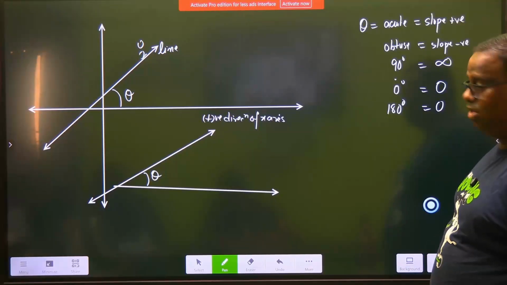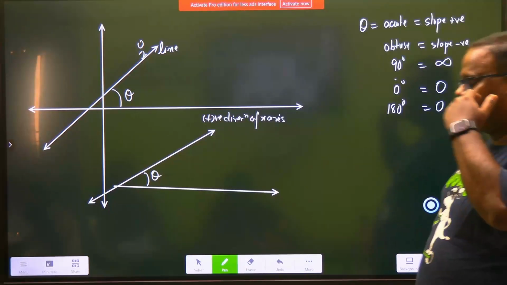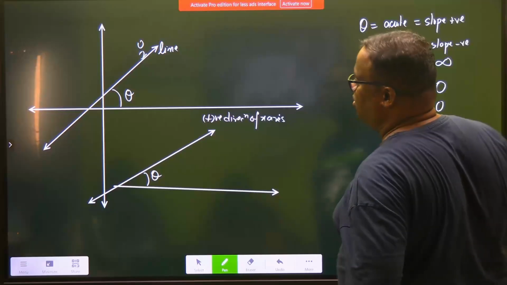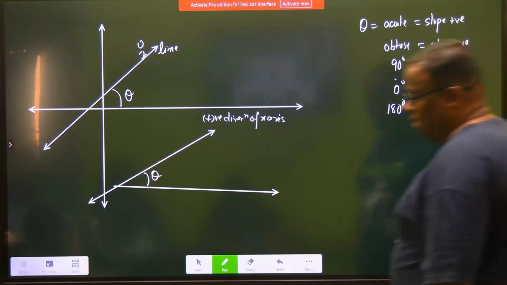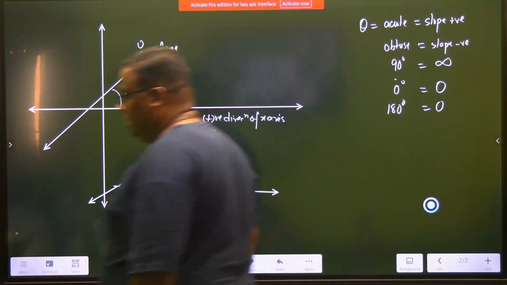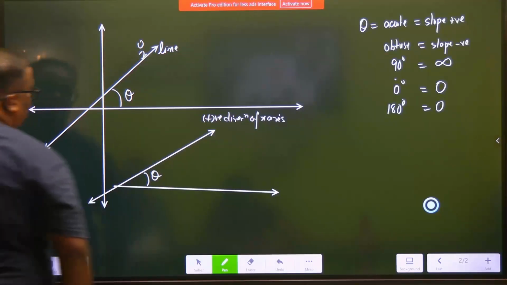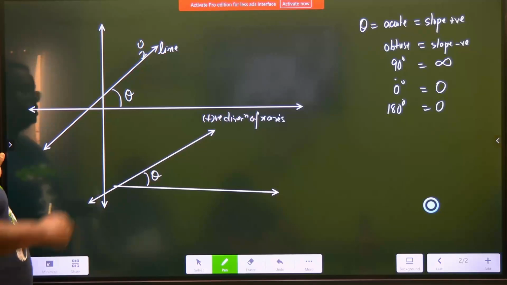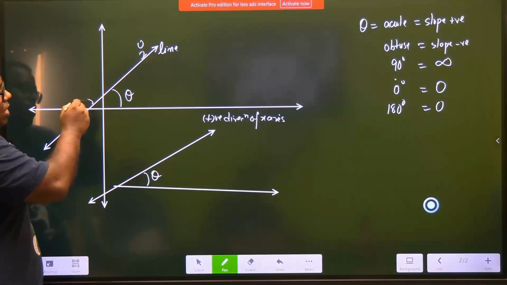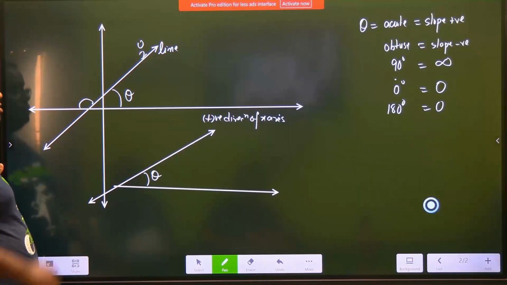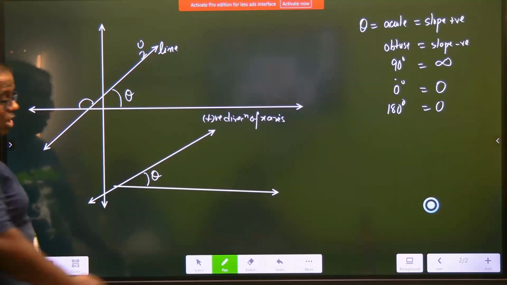Is this understood? We have still not got the value of slope. We just get to understand that if the line makes an angle with the positive direction of x-axis, I am supposed to see only the angle that it makes with the positive direction of x-axis. Even this is one angle, but I'll not look at this.